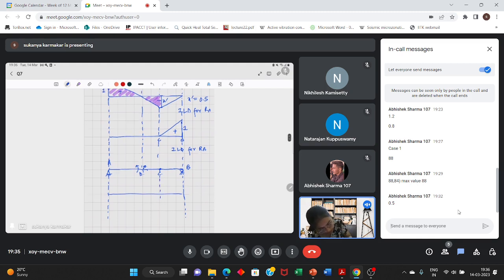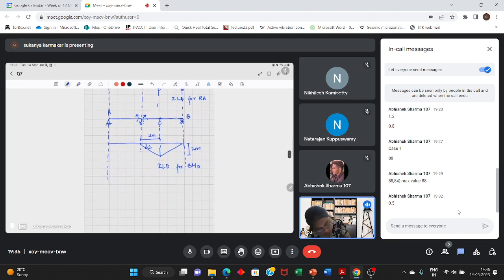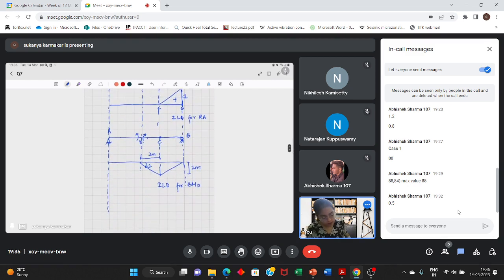To move down like this, this V1, this V does. This is ILD for bending moment at T. Now we have to draw the ILD for shear force at C. Shear force at C, that is the fourth part.